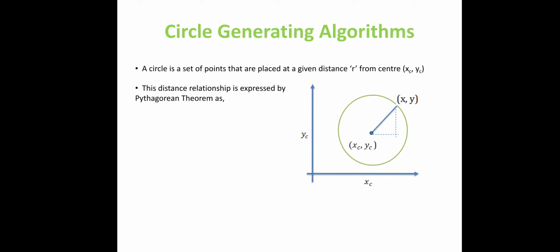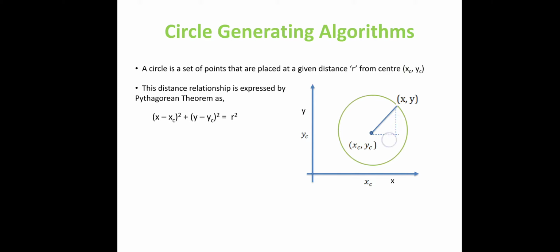So how can we find the value? It is (x minus xc) whole square plus (y minus yc) whole square is equal to r square. So what are x minus xc and y minus yc? This distance is nothing but x minus xc, and this distance is nothing but y minus yc.